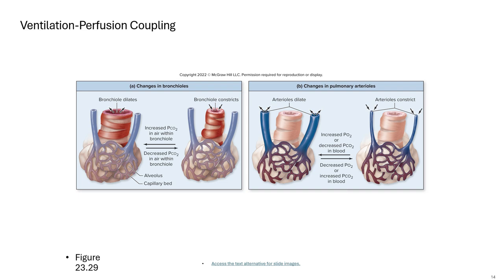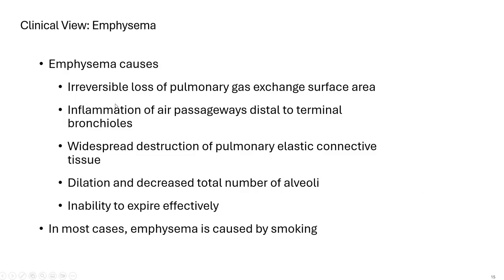And so the bronchioles constrict, poor ventilation, but maybe you're still perfusing that area of the lung, right? Or for blood, maybe you have a blockage in the blood vessel such that the blood is not able to make it to that area of the lung, or not enough blood, but you're still ventilating, right? So in both of these cases, you have a mismatch in ventilation perfusion. So you have a VQ mismatch, right?